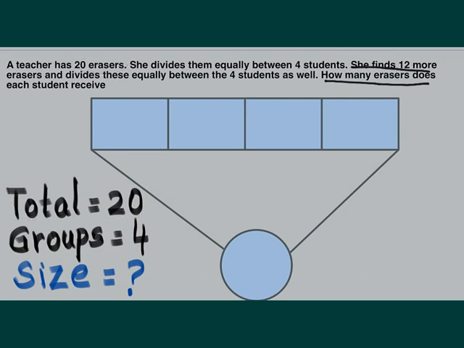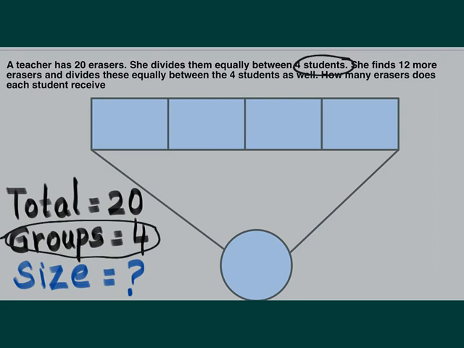She divides them equally between 4 students. So she is giving all those 20 erasers to 4 students. So the 4 students can be 4 groups.